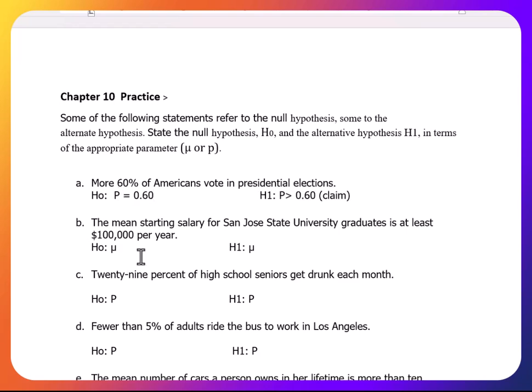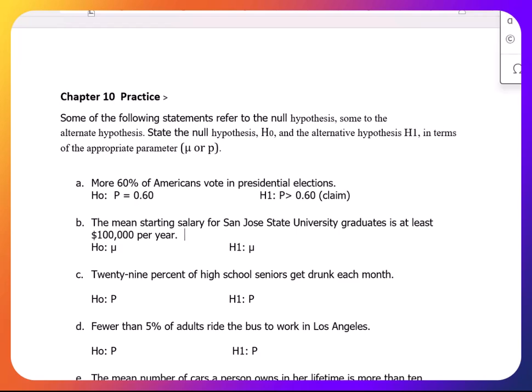Next one, the mean starting salary for San Jose State University is at least $100,000 per year. Okay, at least, guys, means greater than or equal to.